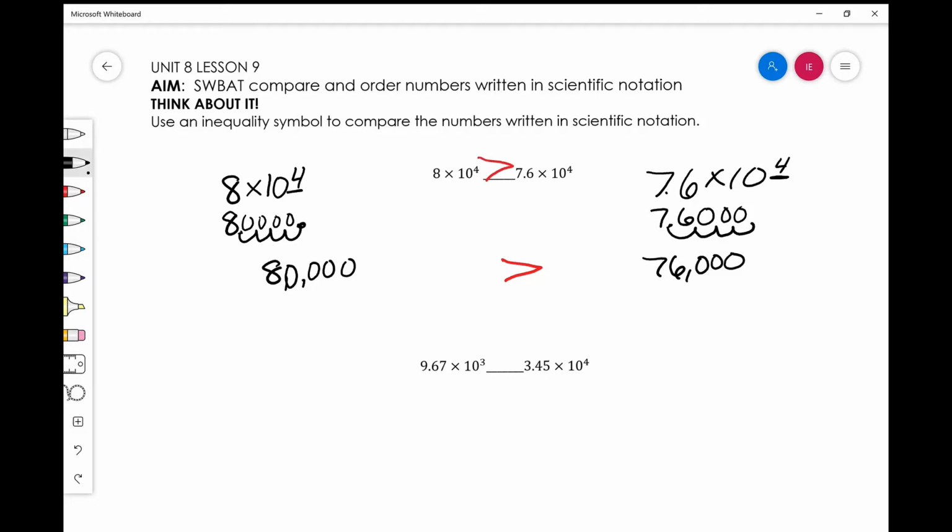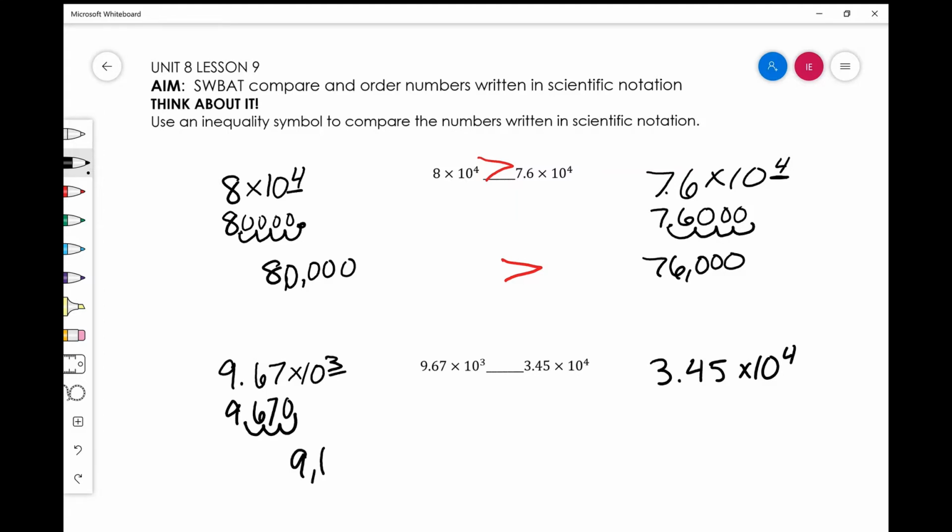I have 9.67 times 10 to the 3rd power in comparison to 3.45 times 10 to the 4th power. Again, let's go ahead and expand these numbers out. So I have 9.67, and I need to move my decimal place over 3 units. So I'm left with 9,670.